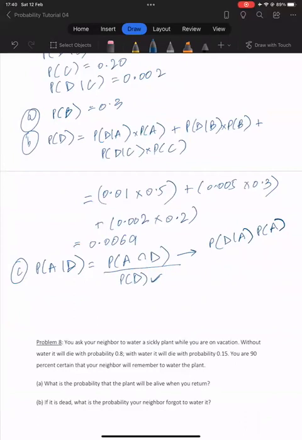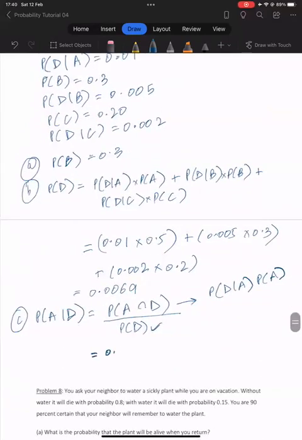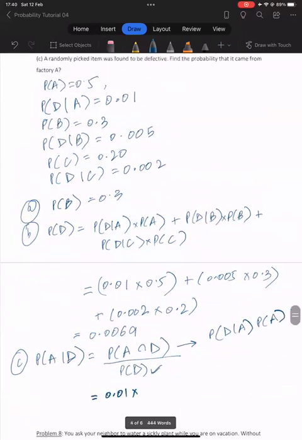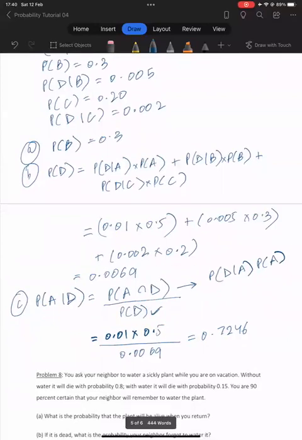So given that it's from A, the probability that it's defective is 0.01, and the probability of being produced by A is 0.5, and हम probability of being defective ऊपर वाले part में निकाल चुके हैं. So putting that into the calculator, we get 0.7246. ठीक है. And I hope this was also clear.